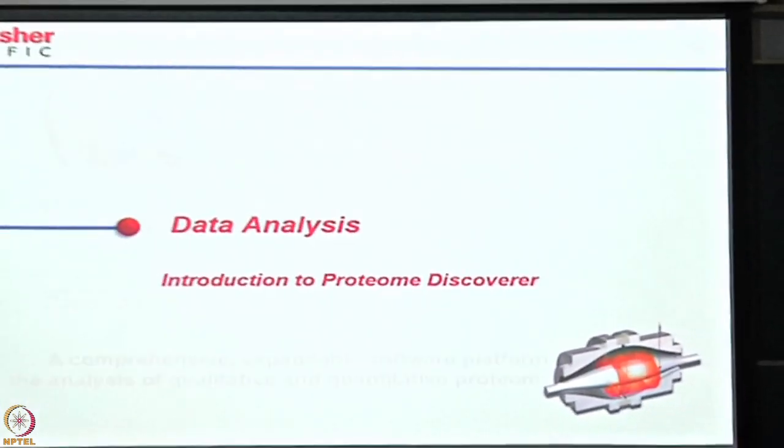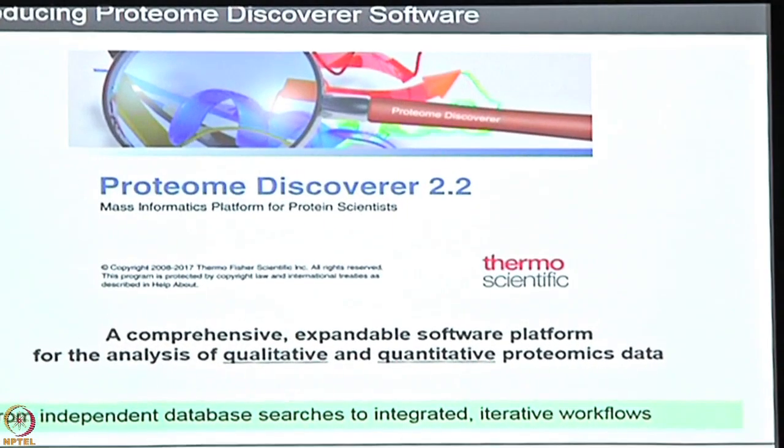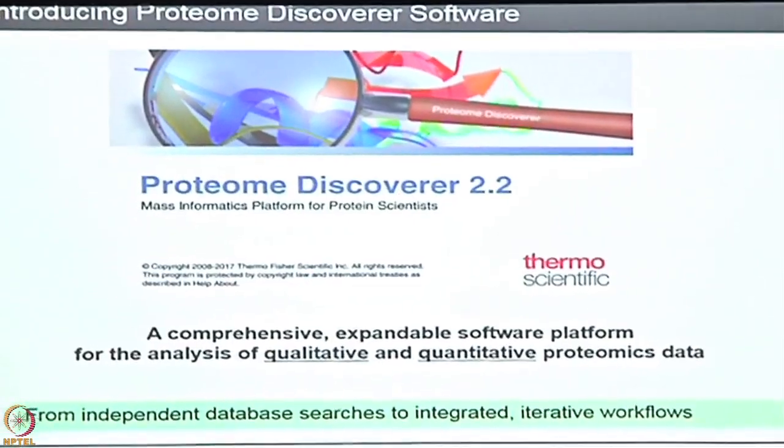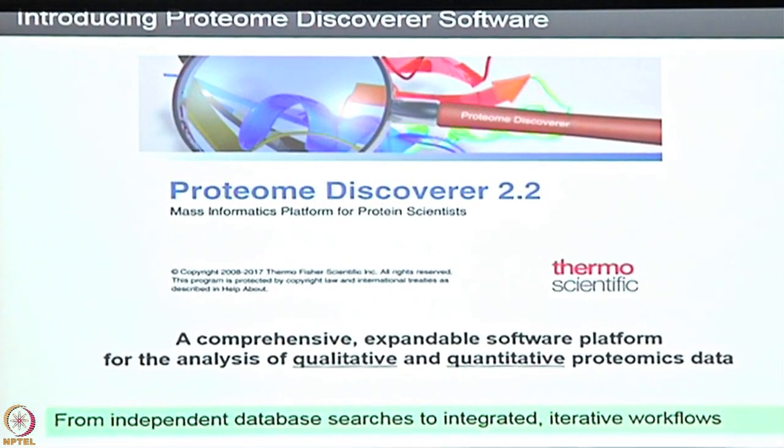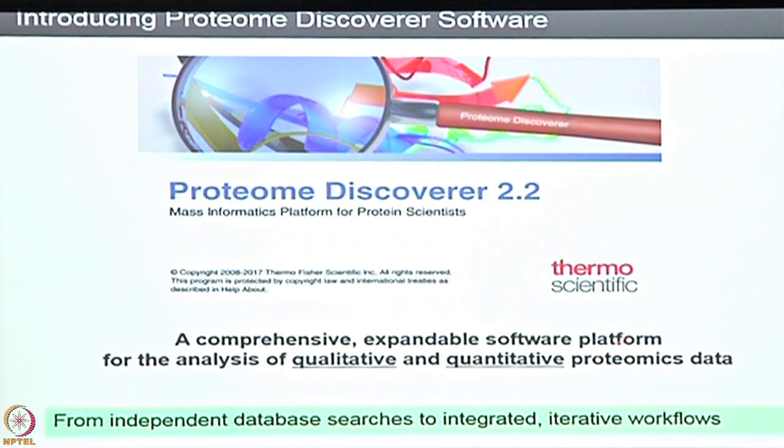Now let us come to the data analysis part. For data analysis, we have Proteome Discoverer 2.2. That is a comprehensive and extendable software for qualitative and quantitative analysis, so you can identify as well as quantify the proteins. Here the quantification is a relative quantification, not an absolute quantification.